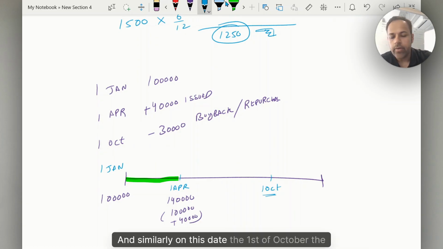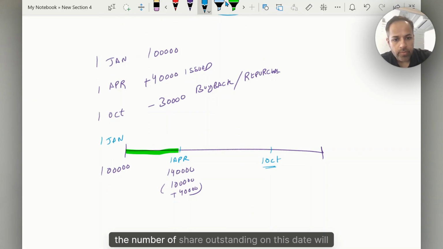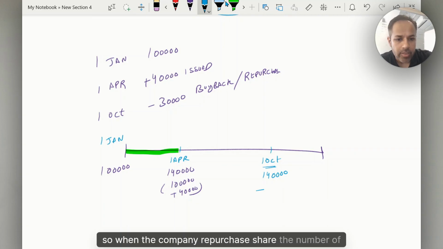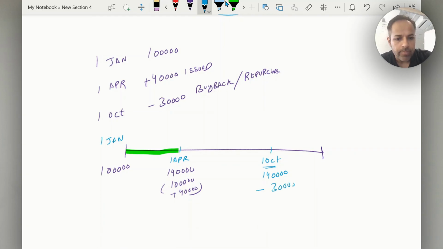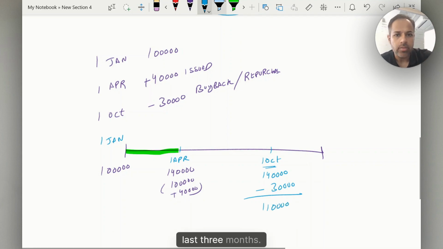Similarly, on 1st October, the company buys back certain shares. The number of shares outstanding was 140, but when the company repurchases shares, the number decreases. In total, 110 will be my number of shares outstanding for the last 3 months.